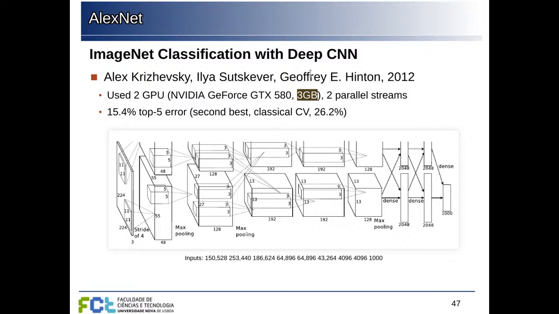But even with these limitations, they managed to have this 15% top 5 error. The second best classifier was a classical computer vision approach that had 26% error. So it was far below the performance of this convolutional network. And this is basically the set of convolutional layers that we have.